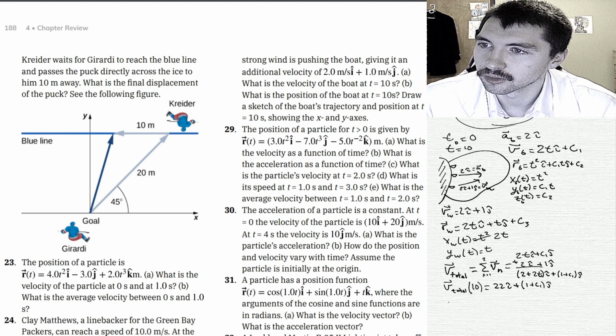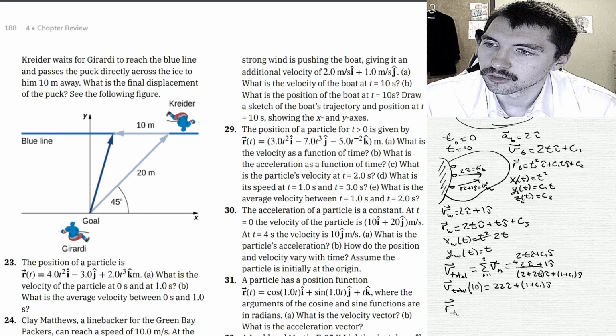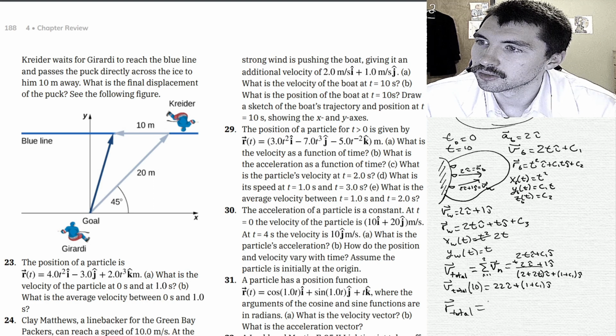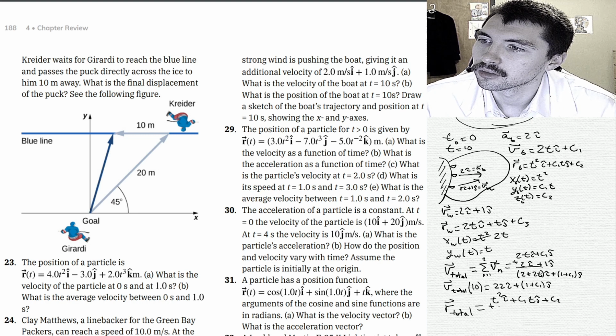Okay, so our total is t squared i plus C1 t j plus C2 plus 2t i.